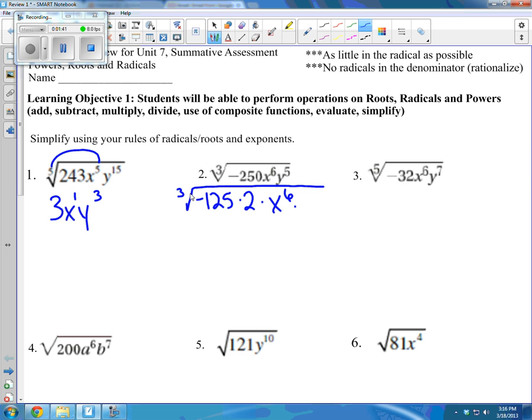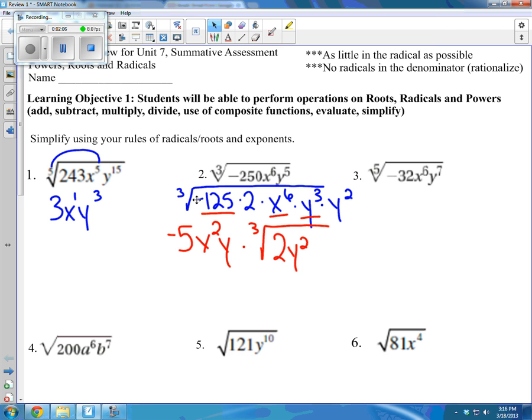And I'm going to break y to the 5th into y cubed and then y squared. And the negative 125, the x to the 6th, the y to the 3rd are all perfect, so they're going to come out. And then the rest of the stuff, the things that I have not underlined, will stay in there. So the 2 and the y squared. And what's in red is my final answer.